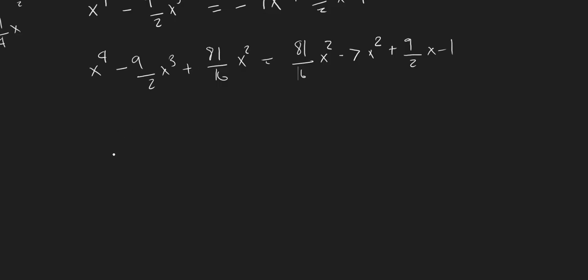So this factors out to x squared minus 9 over 4x, squared, equals, so let's use your calculators. 7 times 16 would give us 112, and 81 minus 112 is negative 31. So that's negative 31 over 16. So close, could have been negative 2. The answer to this, plus 9 over 2 x minus 1.